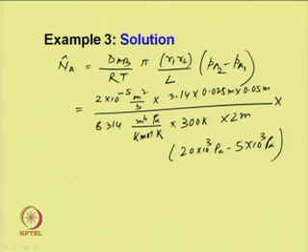So, this will be equal to 7.87 into 10 to the power minus 10 kmol per second.